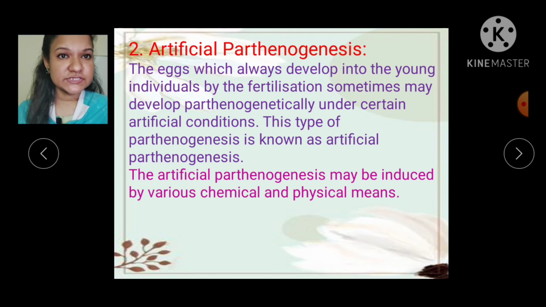Artificial parthenogenesis. The eggs, which always develop into young individuals by fertilization, sometimes may develop parthenogenetically under certain artificial conditions. This type of parthenogenesis is known as artificial parthenogenesis. It may be induced by various chemical and physical means.